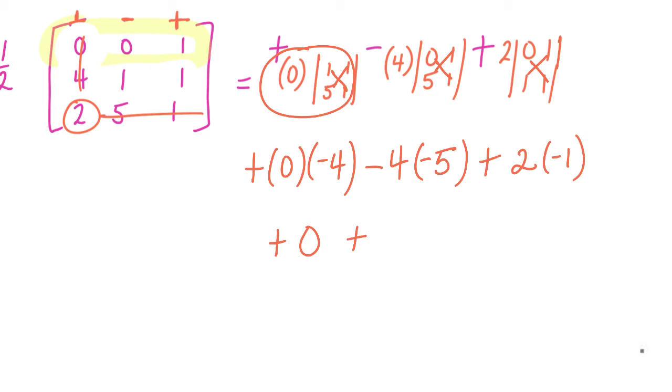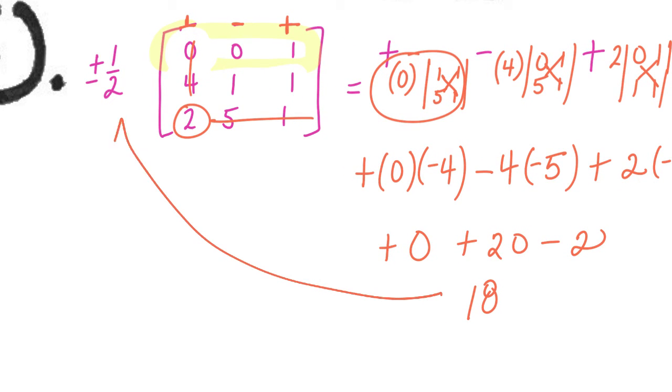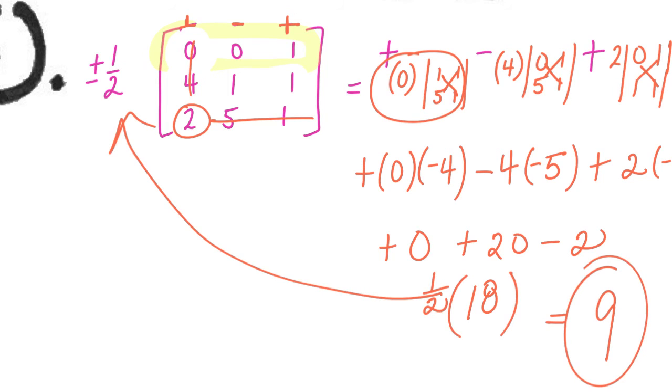So I know that this is going to be plus 20 and minus 2, which gives me 18. Now, because of what I said earlier, we do have to take that half of 18, and because it is a positive 18, we're going to keep it positive because the area is always positive, and we know that the area of this triangle is 9 units.